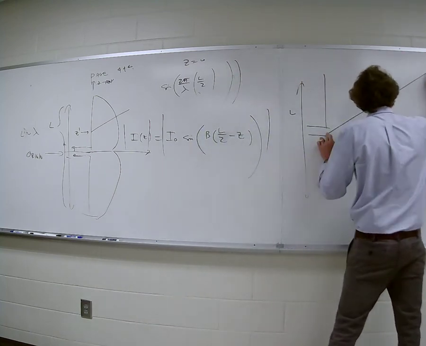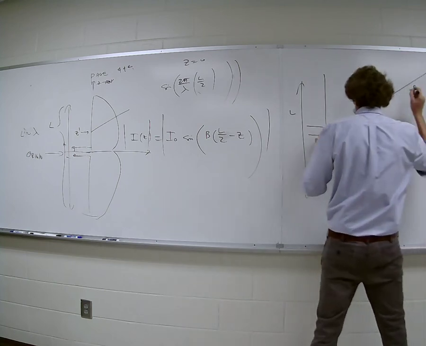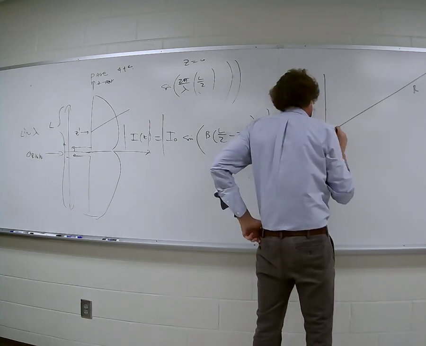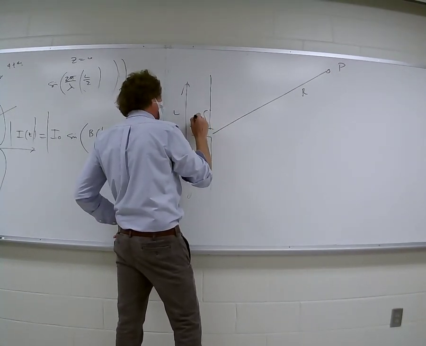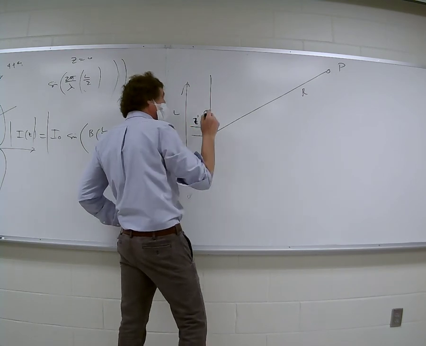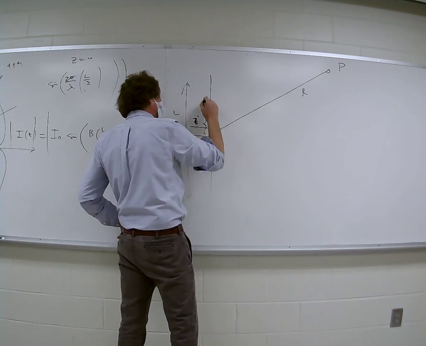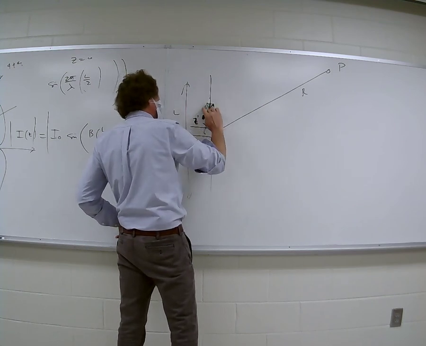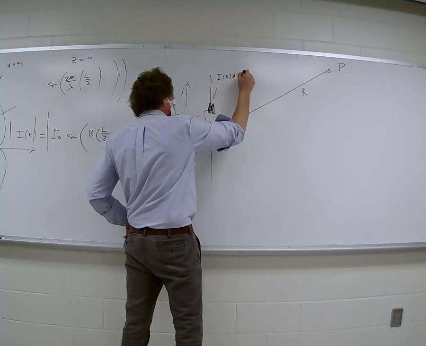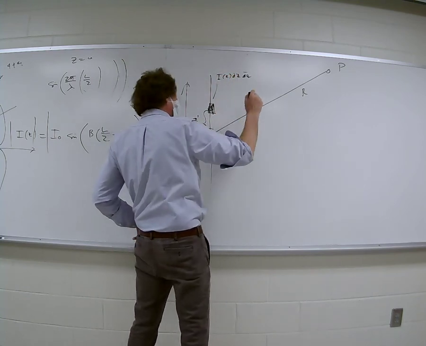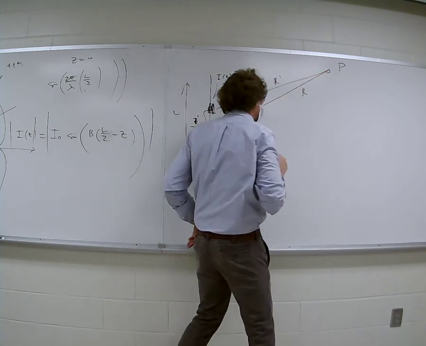This is the origin, and this is vector r to my point of observation, P. And I'm at a distance above here of z prime, I think he uses in the book. And I'm going to say I have a little chunk of current here. And this current is going to be I of z dz in the az direction. And this is going to be R prime here.